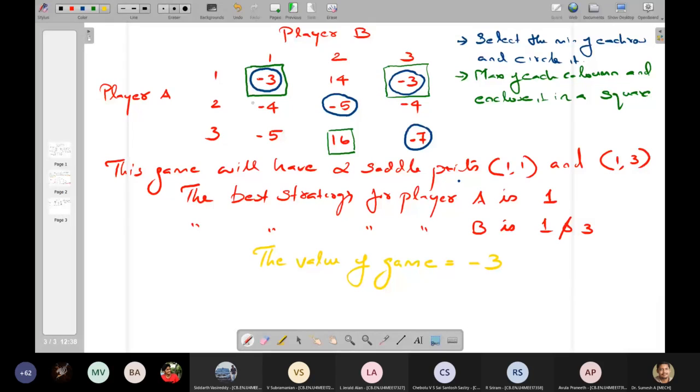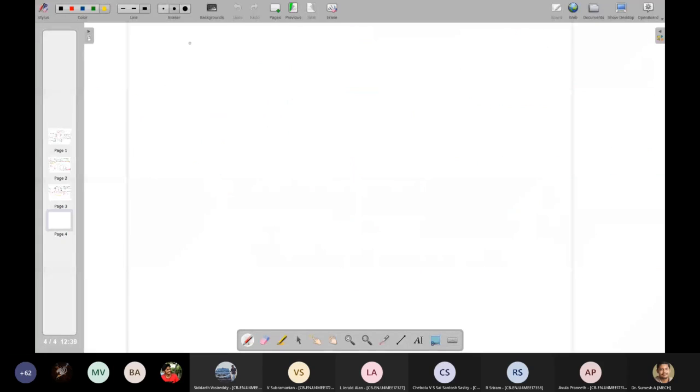That is the next part: solution of a 2 cross 2 game with no saddle point.